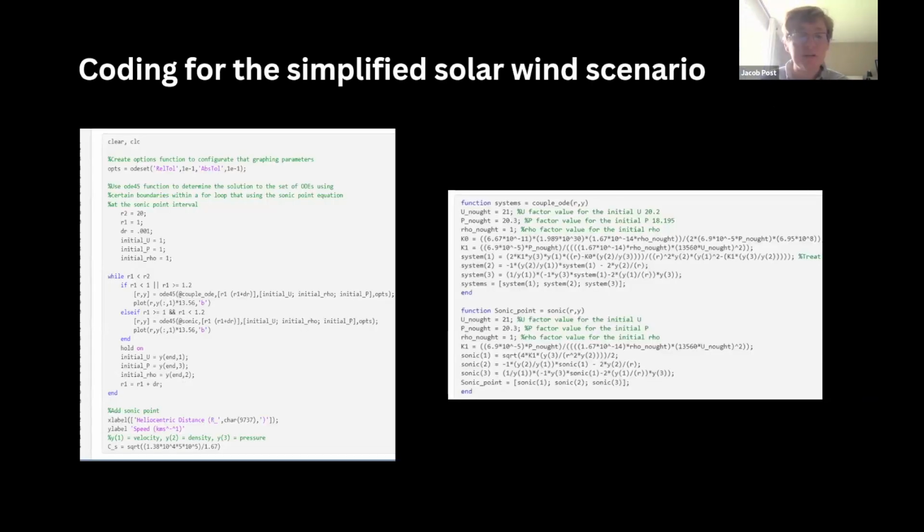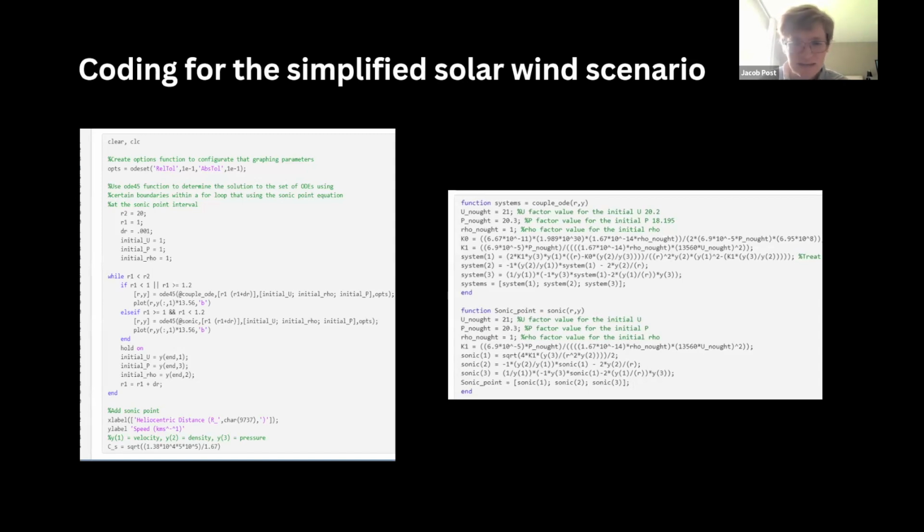So using this sonic point equation and the previous three simplified equations mentioned, I am able to write a code that creates graphs for solar wind speed, density, and pressure. And so here, I'll explain my code. What I've done is essentially created two different functions, each with their own set of initial conditions.